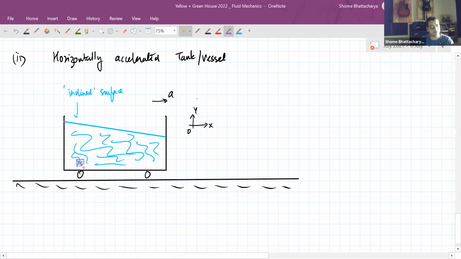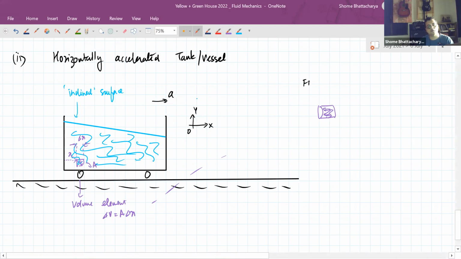So now if we consider this volume element, which is at a distance x from this side, but also whose own thickness is delta x, and this side has an area of A. So when I consider this volume element of volume A into delta x, when I consider its free body diagram, in the FBD I consider only the horizontal forces acting on it.